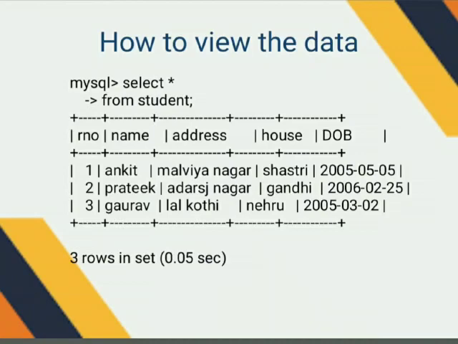Asterisk means I want to see all the attributes of the table. Once again, we write select star from student. Select is a clause in front of which we write the asterisk, or the star. Asterisk means we want to see all the attributes.